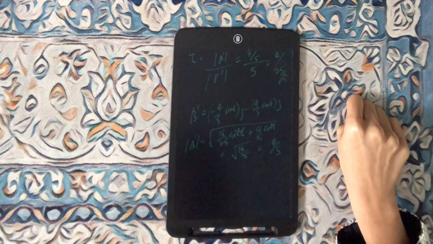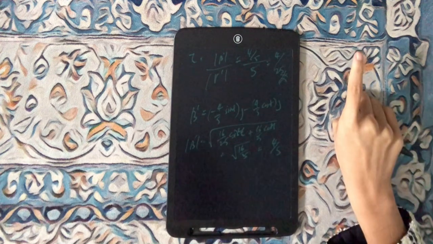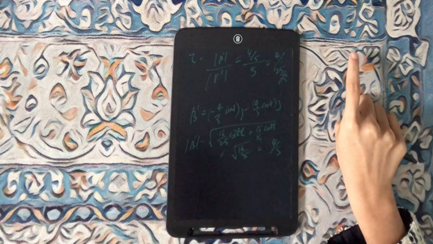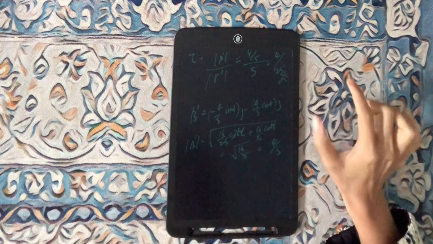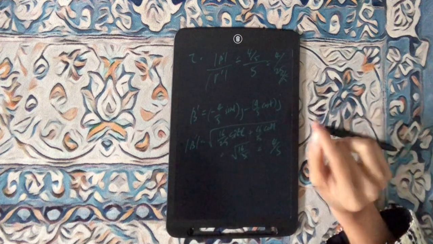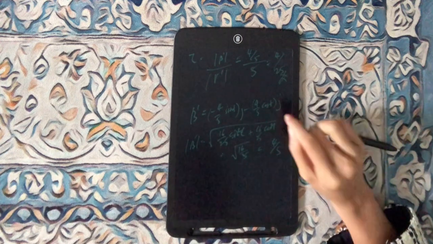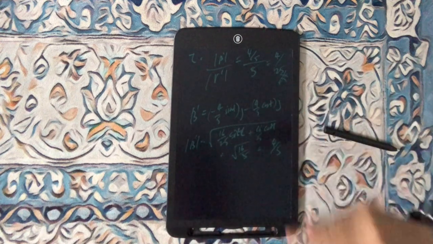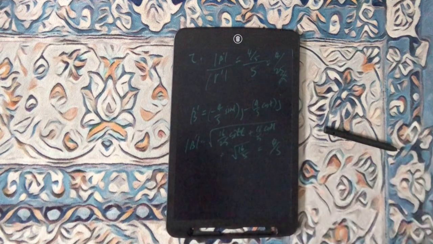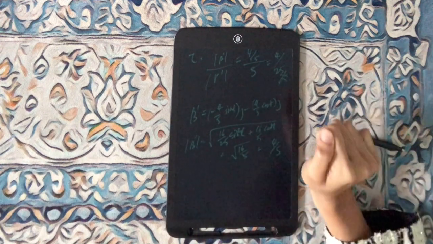It's very easy unless you make a careless mistake, which means you will lose marks. So make sure you calculate carefully. Even though there are many steps that you need to calculate, you just follow the flow. So it's easy, right?